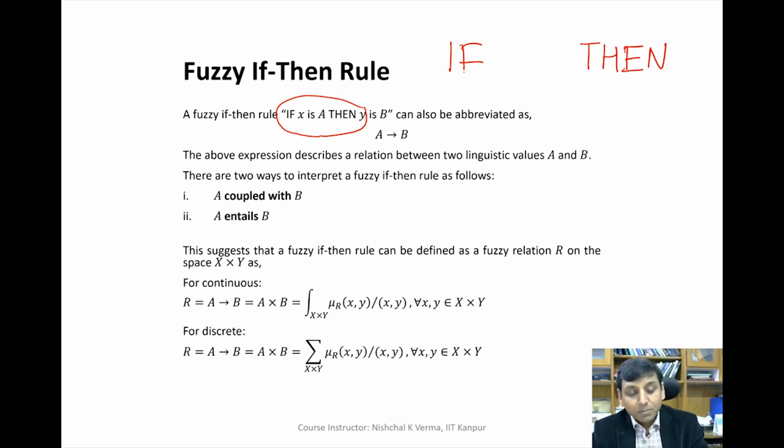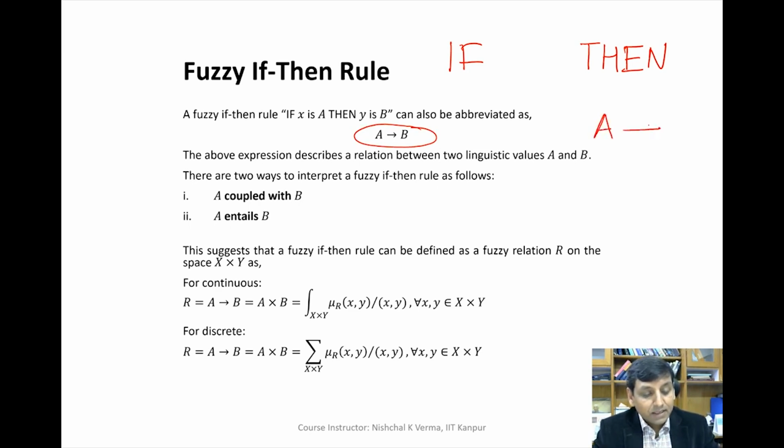So this fuzzy rule, if x is A then y is B, can be written as A forward arrow B. So this means we have A and then B. This means that if a particular fuzzy variable or linguistic variable belongs to a particular linguistic value that is represented by a fuzzy set, then what is B?